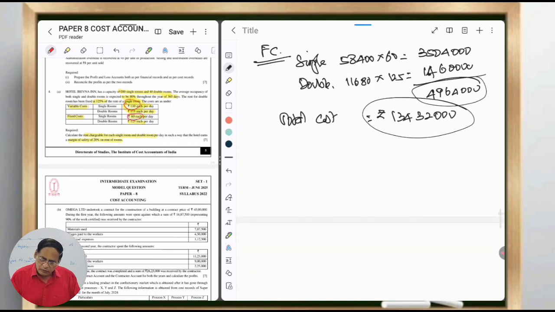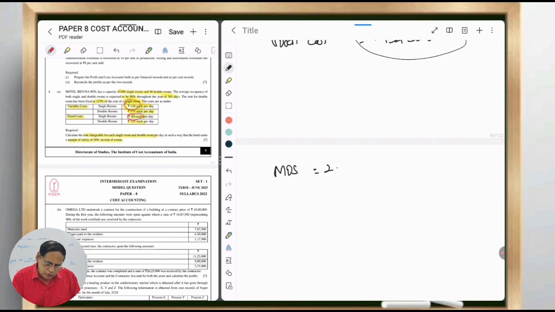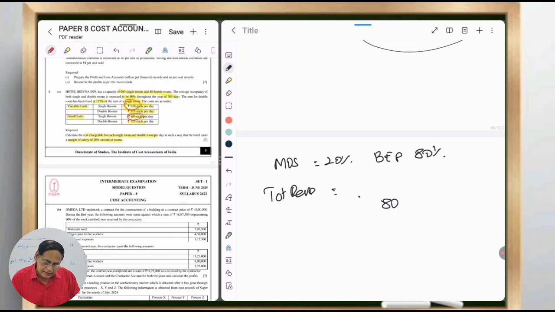Total revenue, what is stated in the question, that is margin of safety is 20%. Then the break even point is 80%. So in order to find out the total revenue, the total cost must be divided by 80%. For 80%, if the total cost is 1,34,32,000, then what should be for 100?